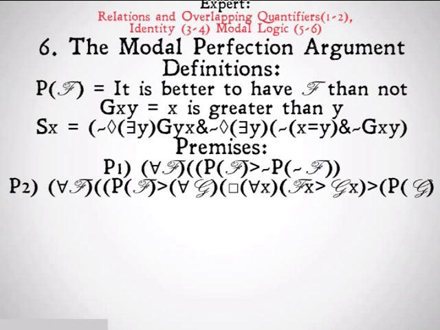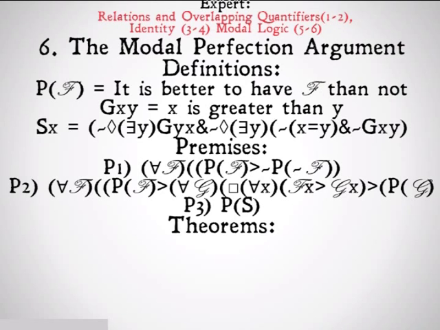Premise 2: for all F, F is a perfection implies that for all G, it's necessary that for all x, if x is an F implies that x is a G, then G is a perfection. Premise 3: being supreme is a perfection. I cover translations of these in my video on the modal perfection argument. If you want to check that out, you can.